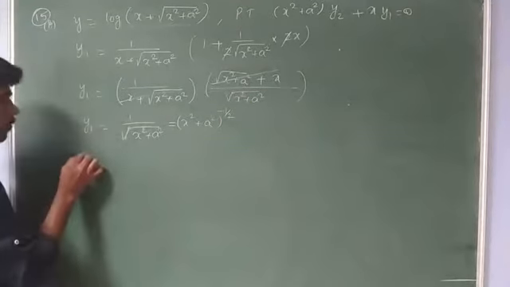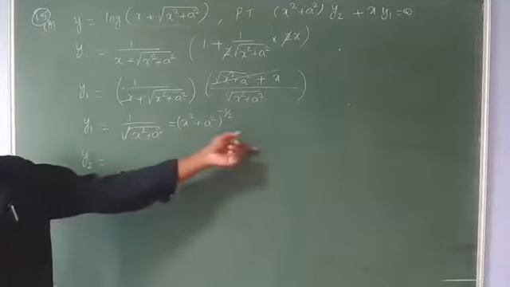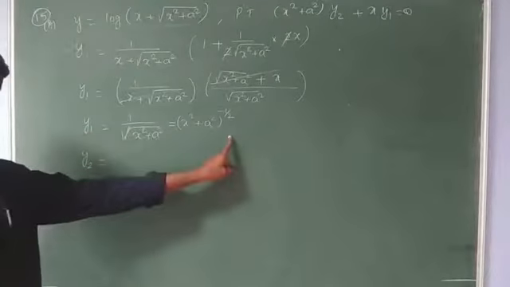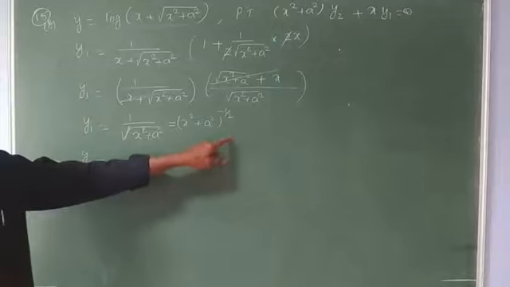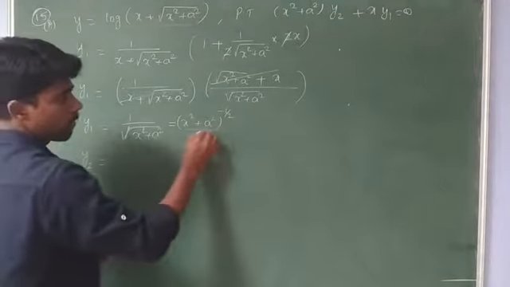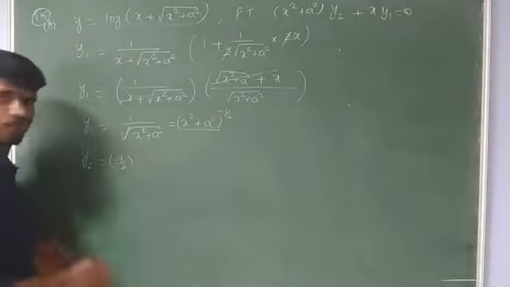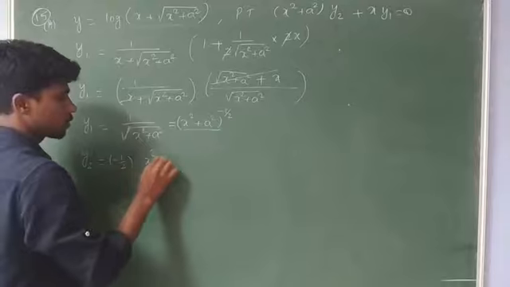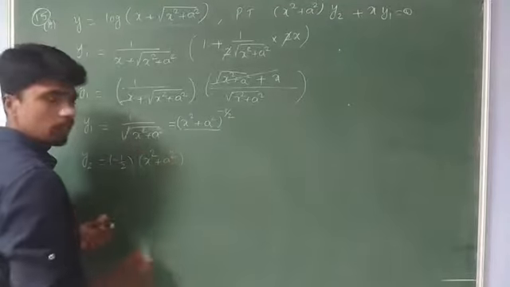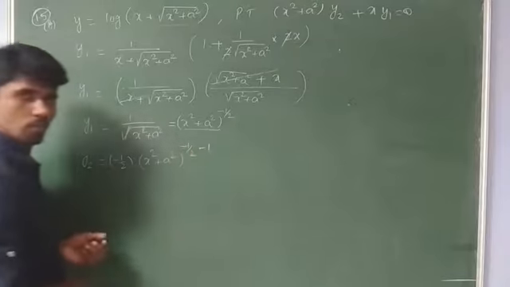So we have to go for y2. y2, differentiate again with respect to x. Differentiate with respect to x. Mention in your class books, don't forget. So y2 will be equal to, it is in the form x to the power of n, so minus 1 by 2 into x square plus a square whole power n minus 1.